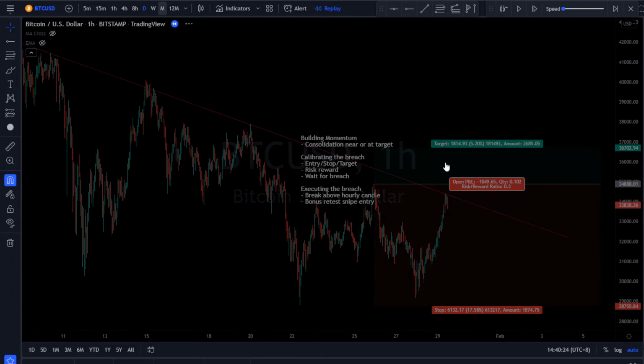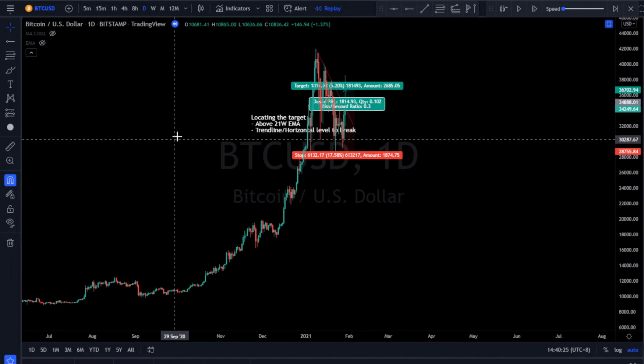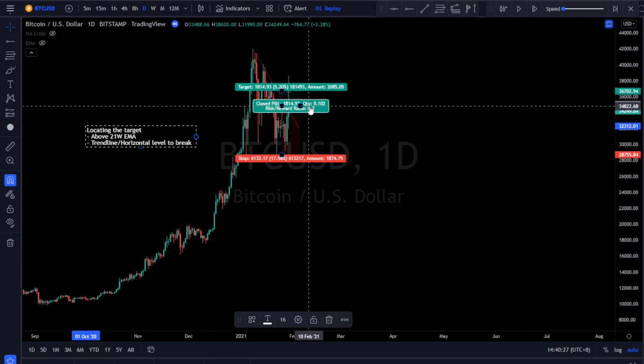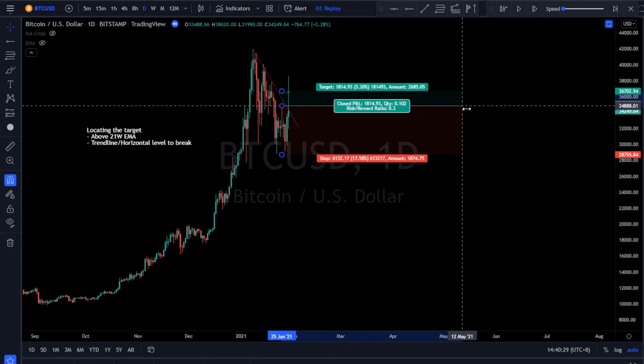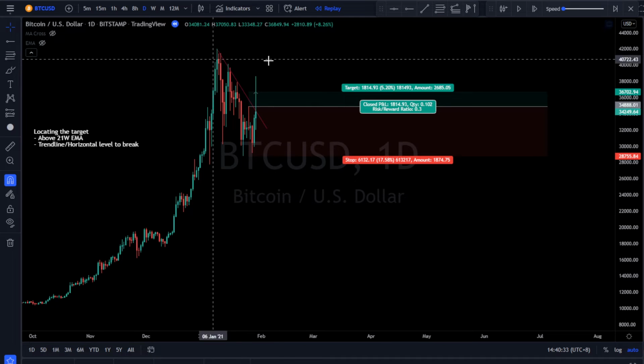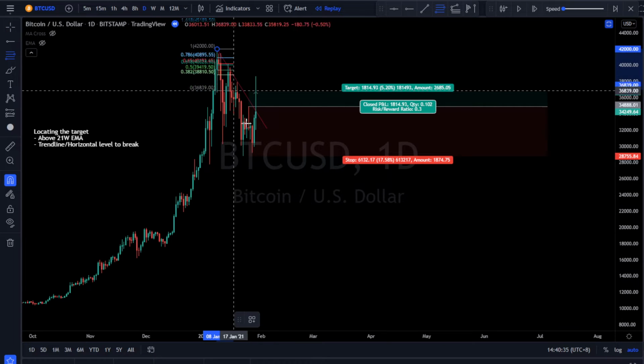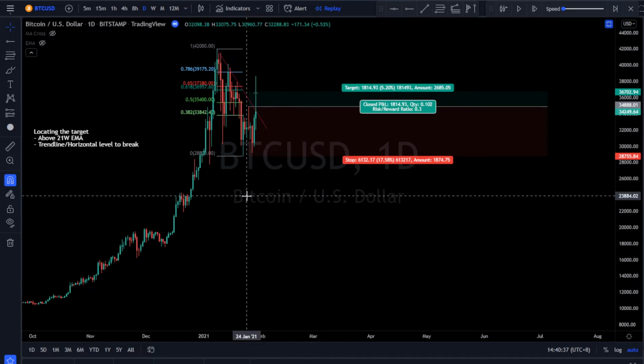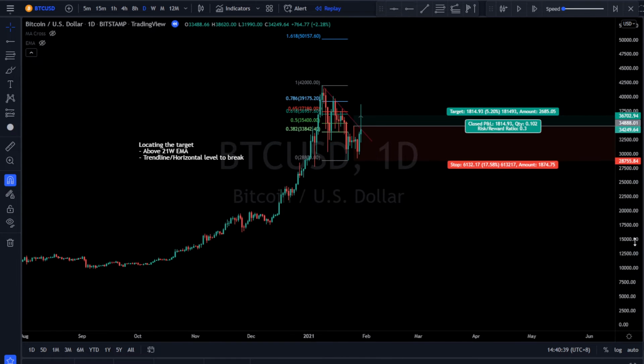Now for the target, we need to look for a 2-to-1 ratio at least. Alright, so we can simply use a Fibonacci extension, the pullback. So we got the 1.618 extension at just over 50,000.